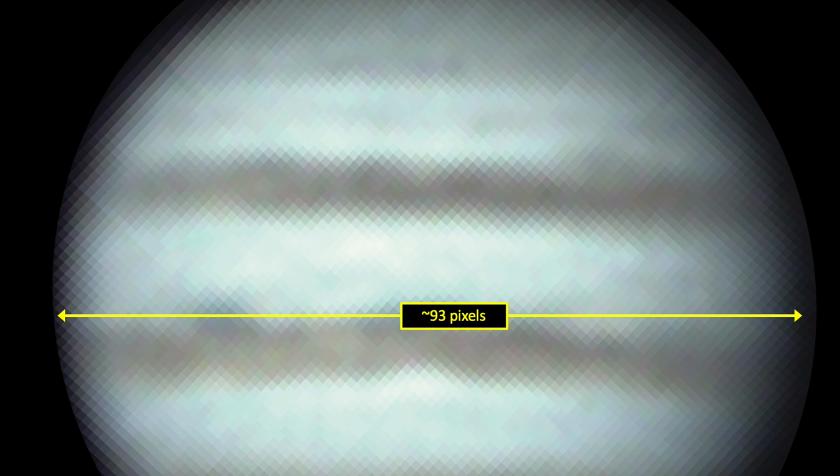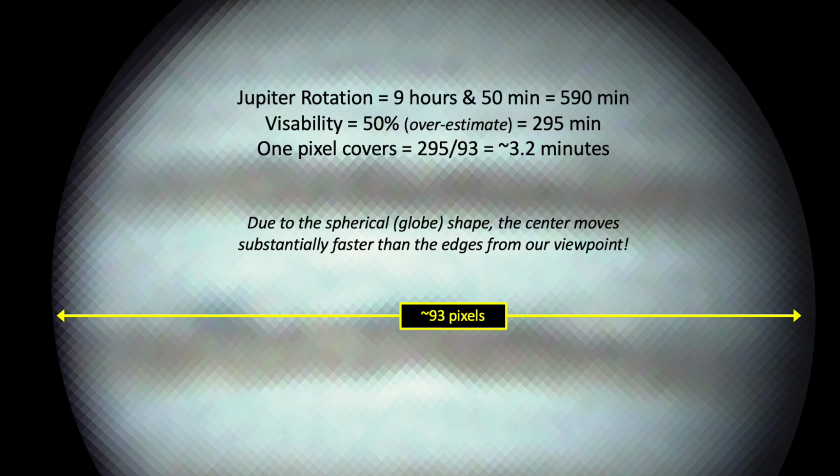Yes, I counted them. Remember earlier, I said that Jupiter has a Jovian day of about 10 hours. Well, it is exactly 590 minutes. And if we assume we can see 50% of that from our viewpoint, which is an overestimate by the way, but let's assume that, then an object like the Great Red Spot will traverse across the face in about 295 minutes.